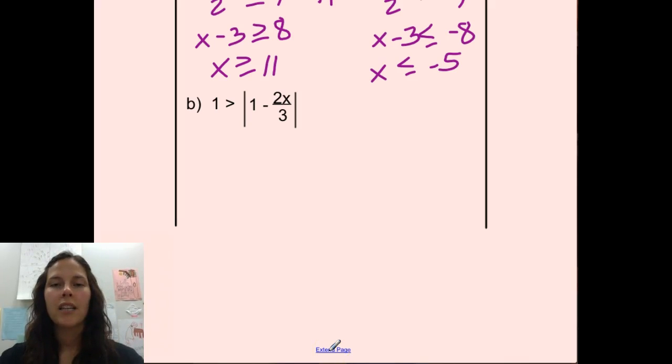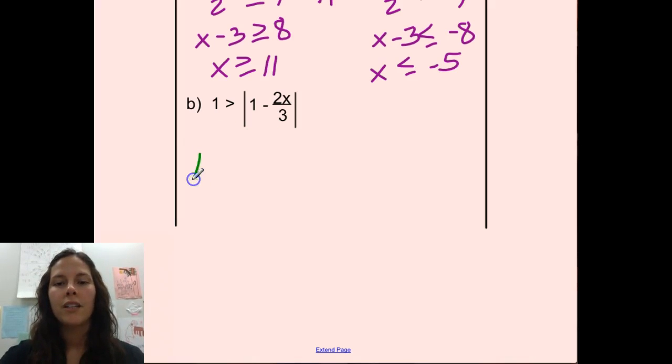One last inequality. Take a look at this when the absolute value is on the wrong side of the inequality. So when we're reading this, we need to read it backwards. Remember, it's about where the absolute value is, not how we would read the inequality symbol itself. So our absolute value is less than 1, so we will set up an and compound inequality. 1 is greater than 1 minus 2/3 x.